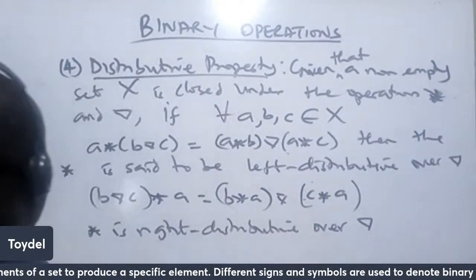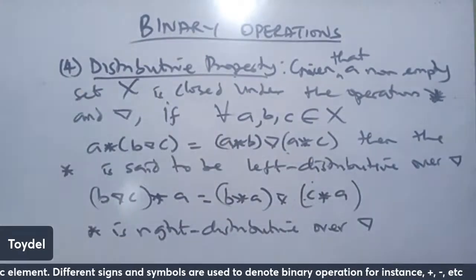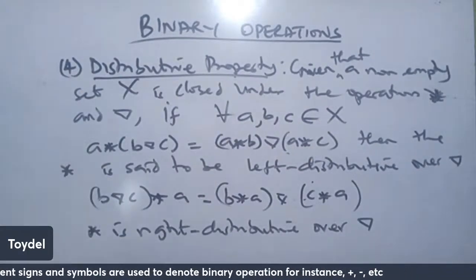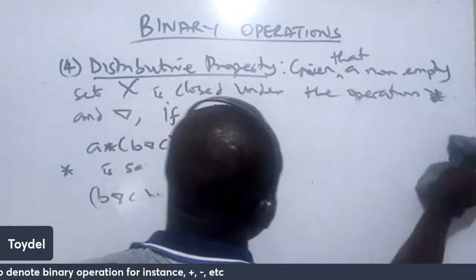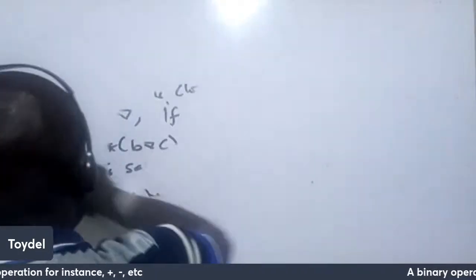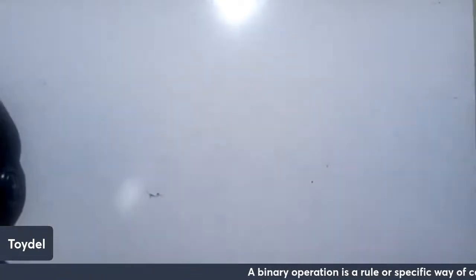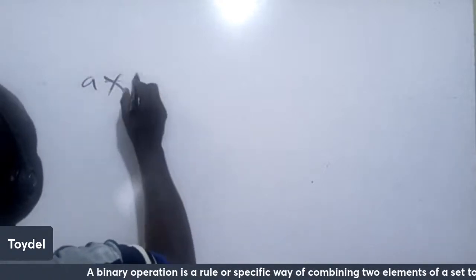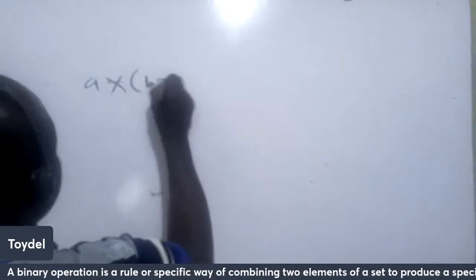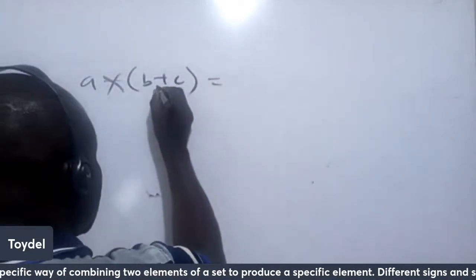So we should also note that under distributive property, multiplication distributes over addition and subtraction. That is, when you have multiplication, let's say A into bracket B plus C, multiplication distributes over addition or subtraction.